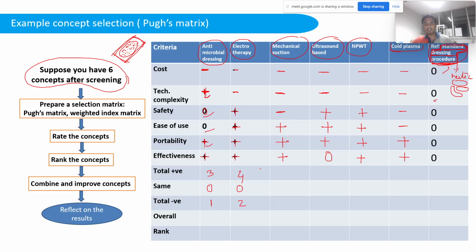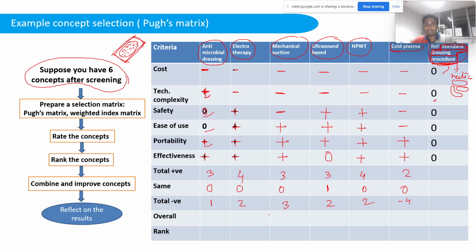Now we are trying to check the aggregate scores for each particular concept. So you have 3 positive, 3 negative. Here again ultrasound based is 3 positive, 1 same, and 2 negative. Then for this you have 4 positive and 2 negative, and here you have 2 positive and 4 negative.